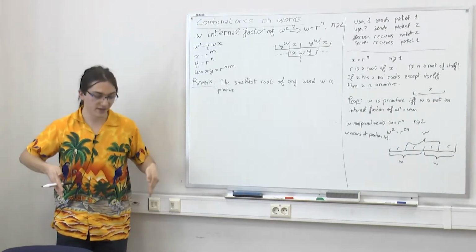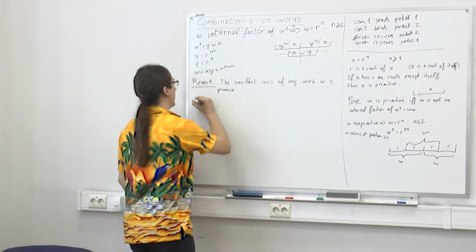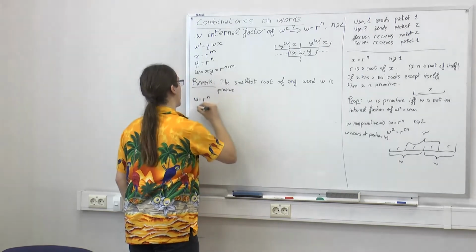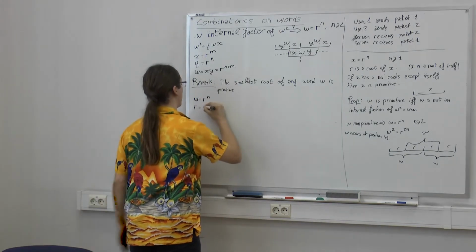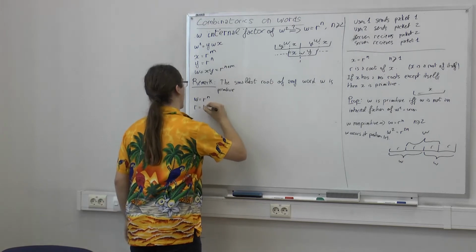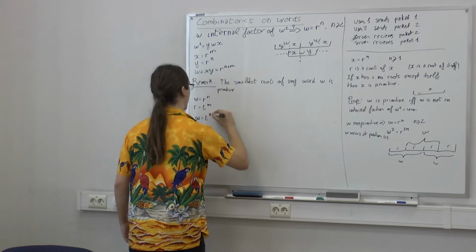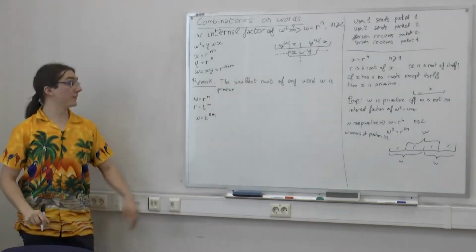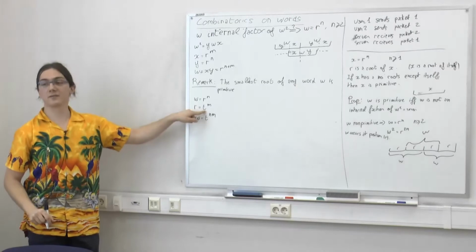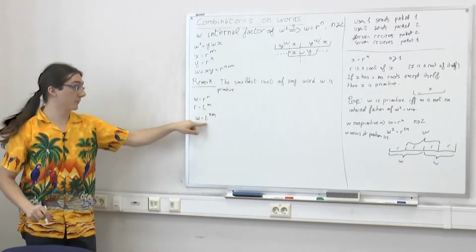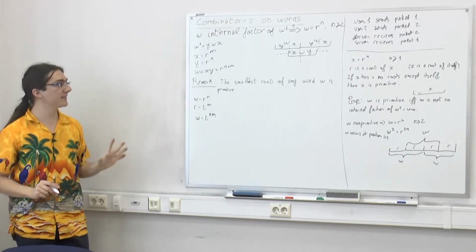If your root has itself a root, like if you have W equal to R to the N, and R is itself equal to T to the M, then of course W is equal to T to the n times M. So if you have a root that itself has a root, then the smallest root is a root of everybody. For now I didn't say anything very deep.